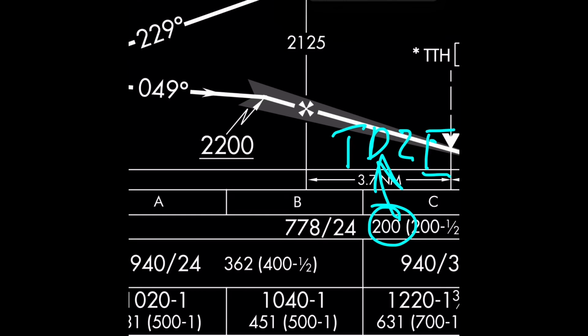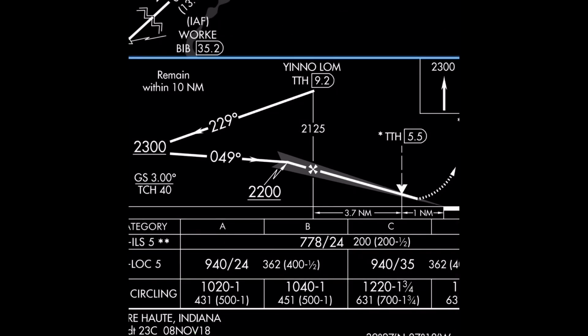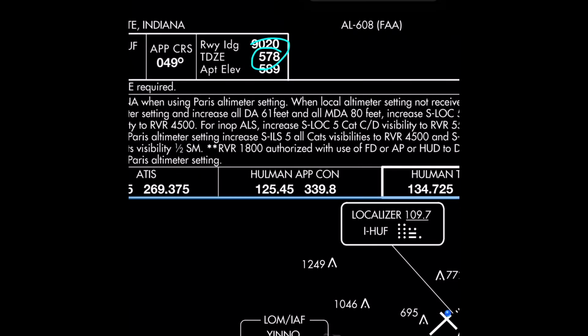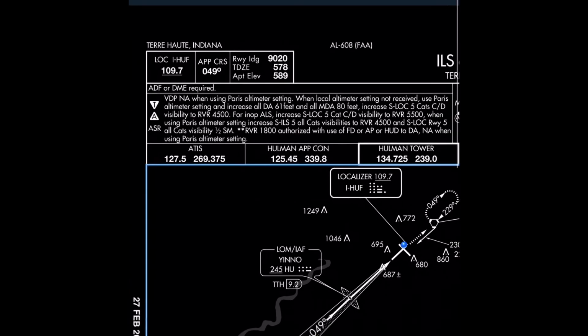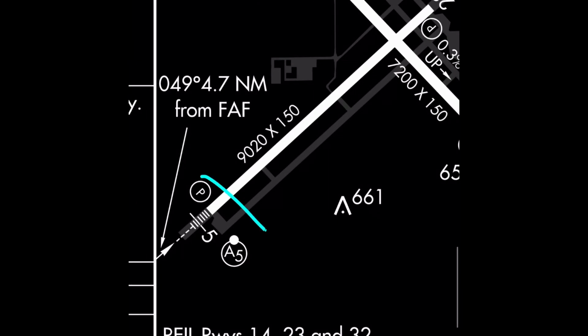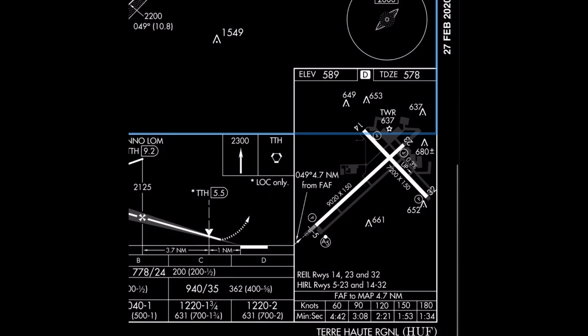So that's why we want to know where the wheels will be touching down on the runway, and these minimums are prescribed in reference to our touchdown zone elevation, which is 578, not in reference to the airport elevation of 589 feet, which is actually about a 10-foot difference from the end of the runway here to this point here where the airport elevation will be taken. So that is the difference between why we have airport elevation and touchdown zone elevation on the approach plates.